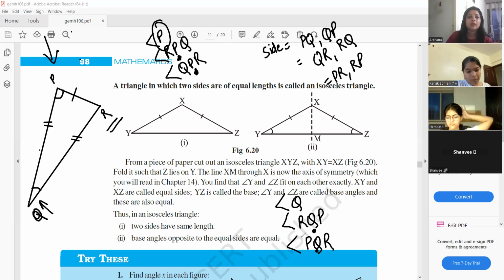Very good. So now you said these two angles are equal in their measure.